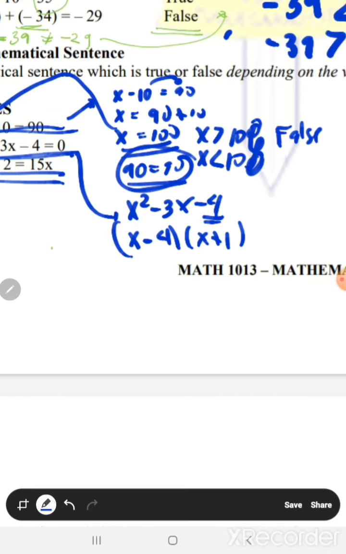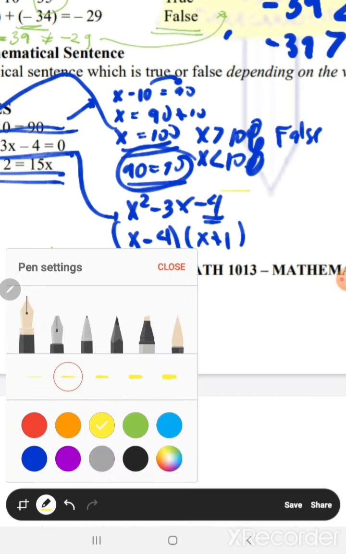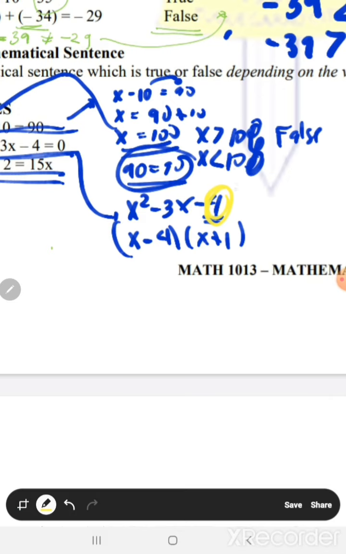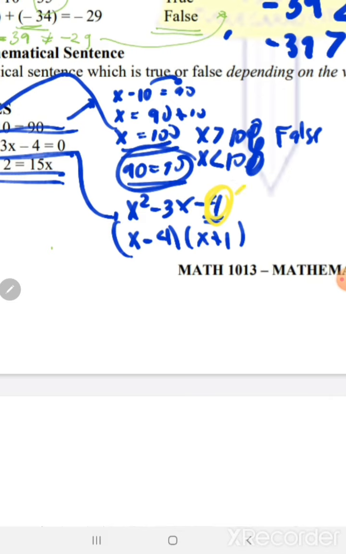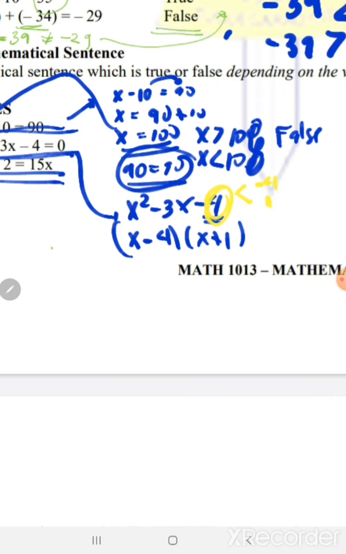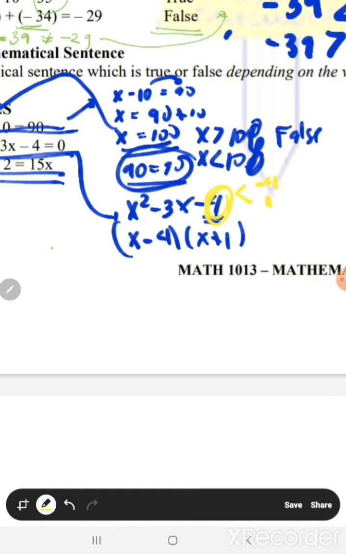Take note that negative 4 can be broken down into negative 4 multiplied by 1. Okay, those are the factors of negative 4. So you have x minus 4 multiplied by x plus 1.